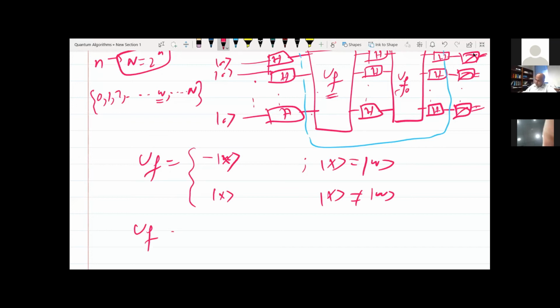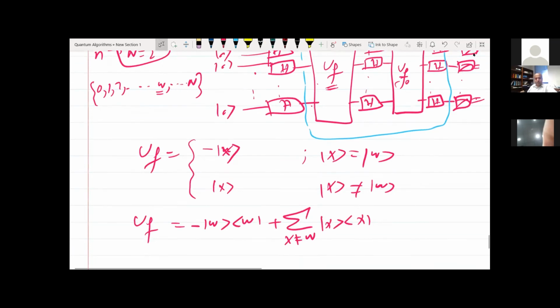That this does this: if the state is W, it gives it a minus sign. And if the state is not W, it keeps it as it is. So it means I should write it as, when X is not equal to W, whatever the X is, I get X at the output.